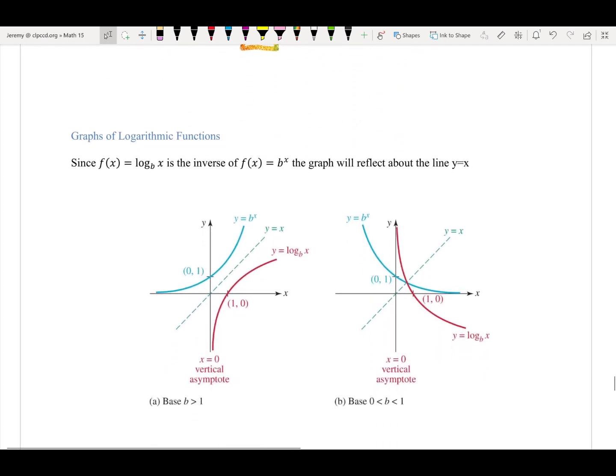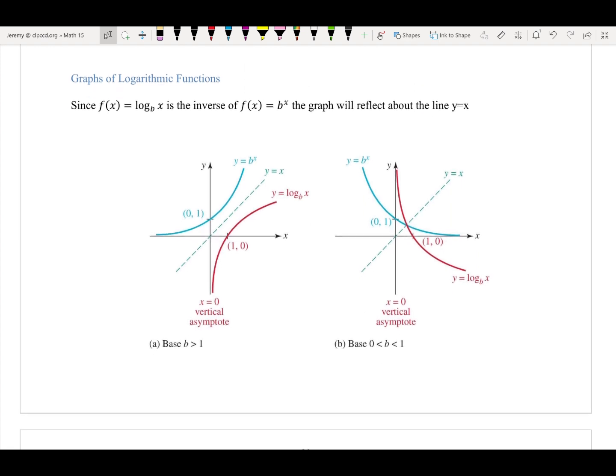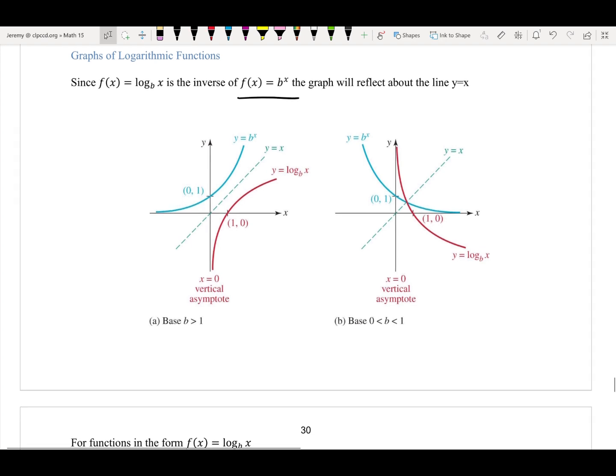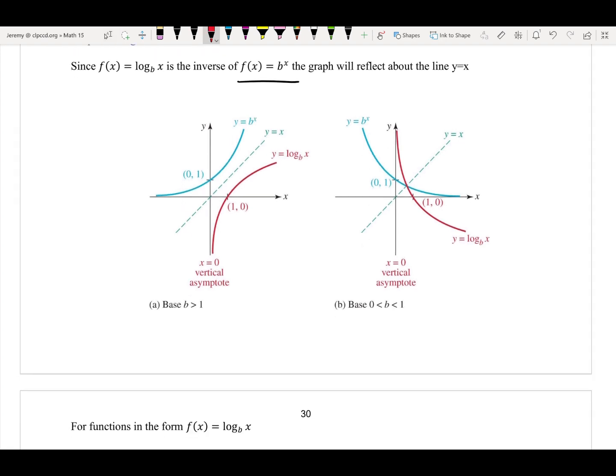Let's keep moving. How about graphs of logarithmic functions? If you have an original function f of x, in this case, we'll just call that f of x equals b to the x, the graph of its inverse will look exactly the same, but just reflected over this diagonal line, y equals x.